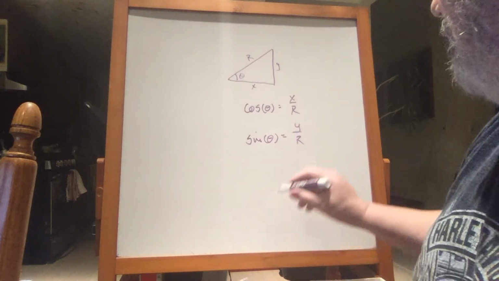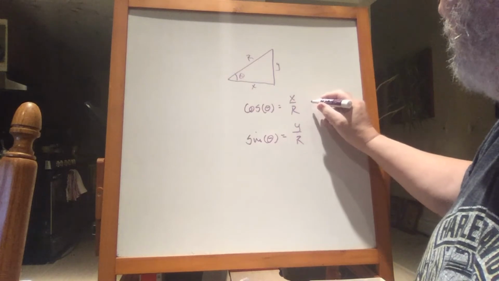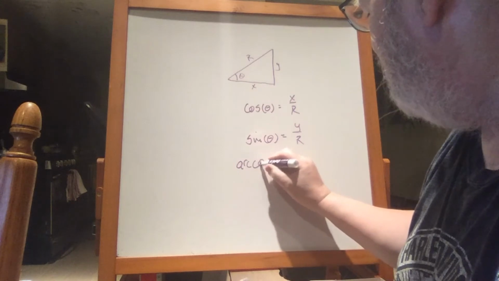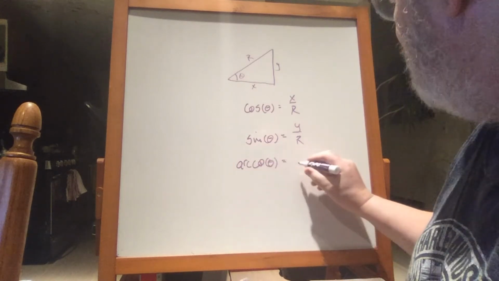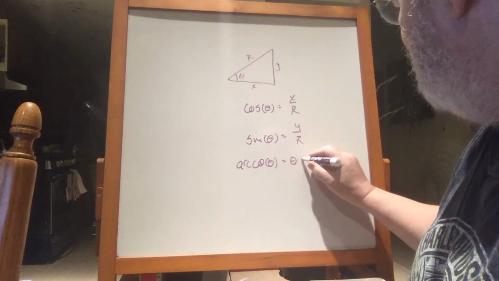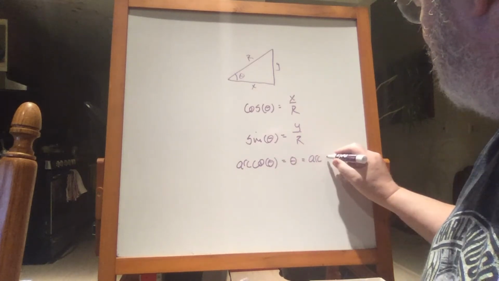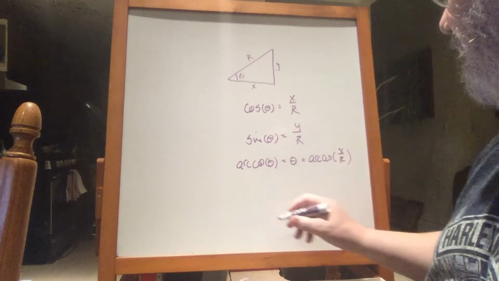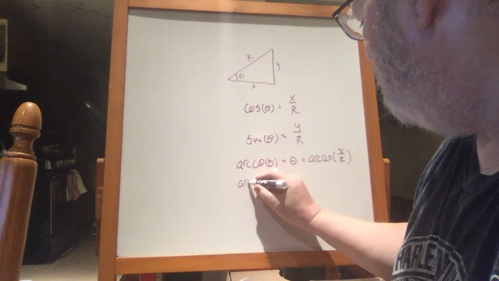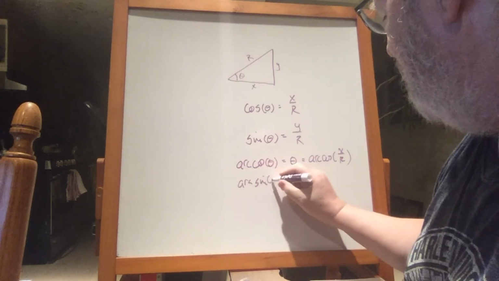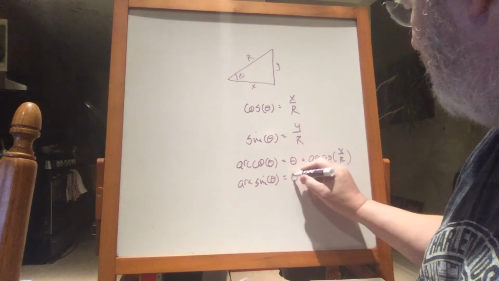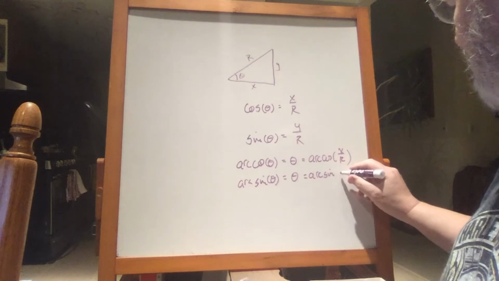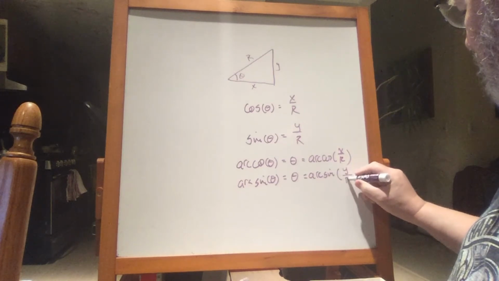And the arc cosine of x over r equals theta. And the same thing, arc sine of y over r equals theta.